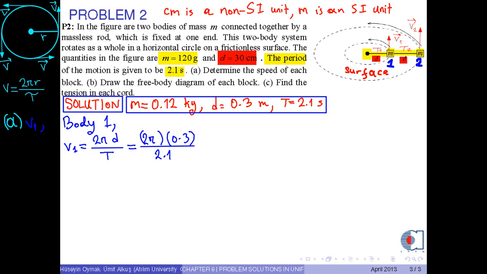Thus, the result is 0.89760 meters per second, which is approximately 0.898 meters per second.